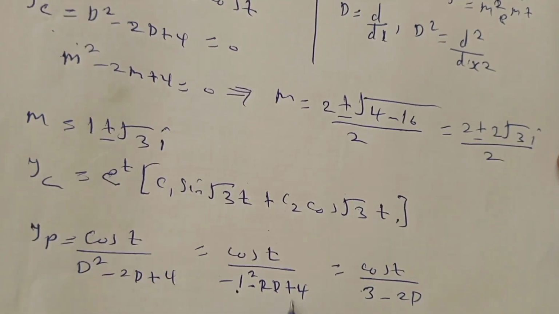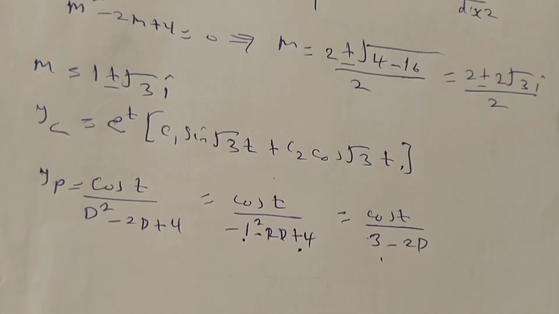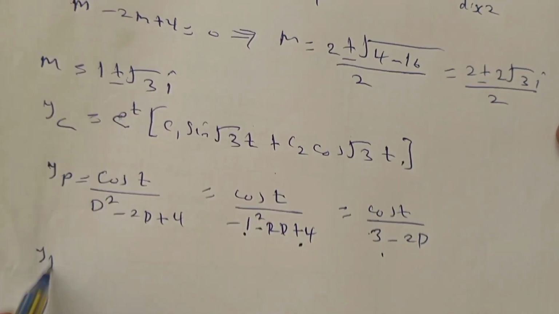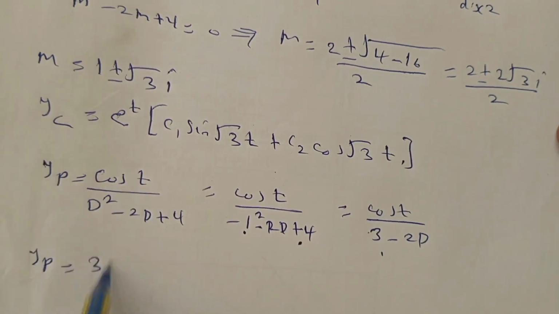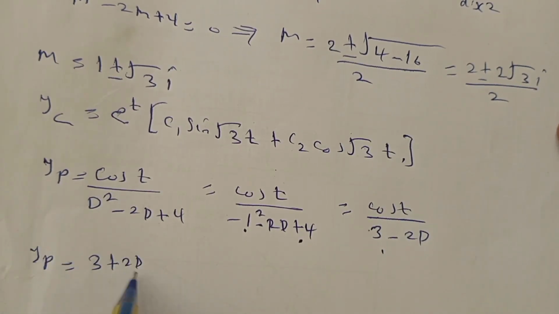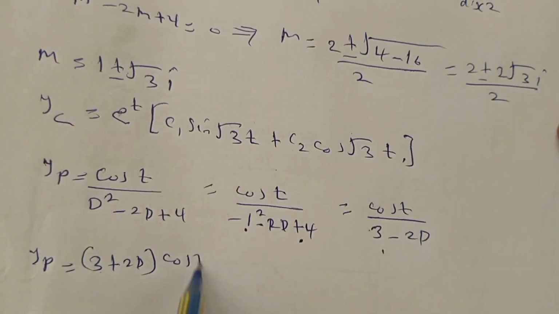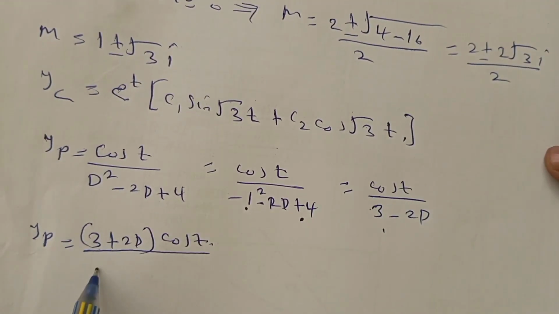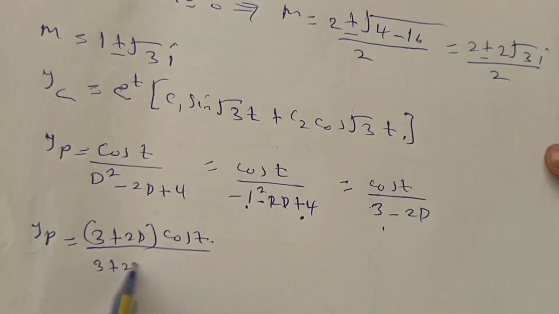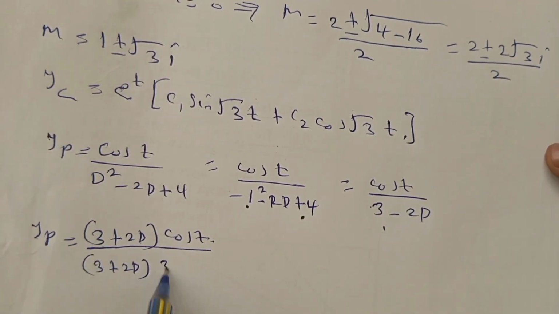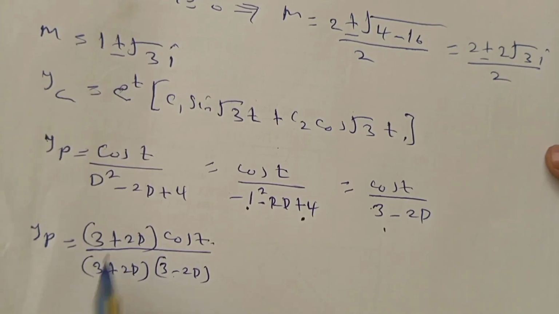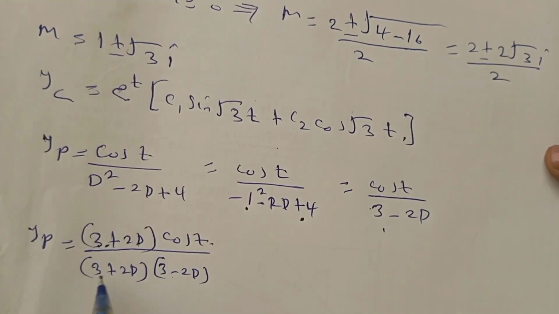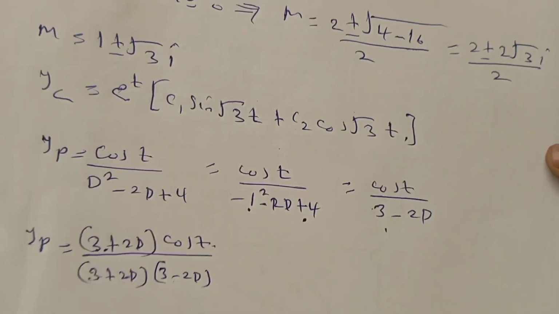This is negative 1 plus 4, which will give you 3. Then yp is equal to cos of t divided by 3 minus 2D, multiplied by 3 plus 2D over 3 plus 2D, which does not change.